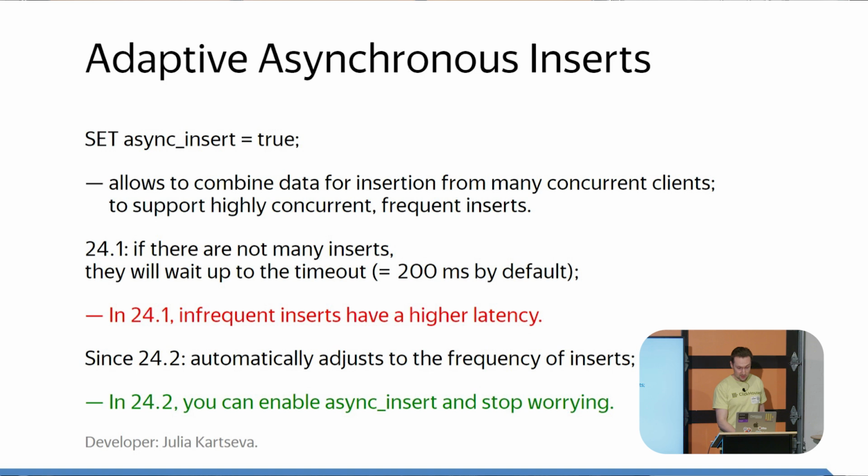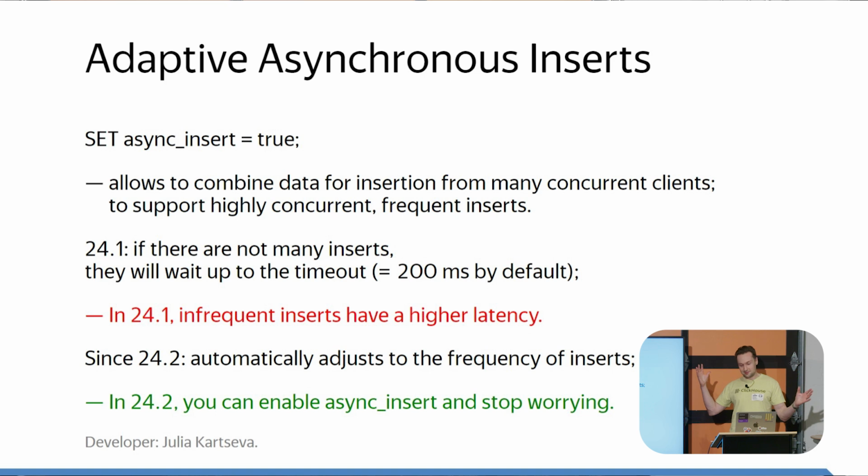And in the previous version, this time was defined as a constant threshold. You can change this threshold, but it is just a constant, like 200 milliseconds. In the new version, it is adaptive. When you do a single insert rarely, it will not wait 200 milliseconds.